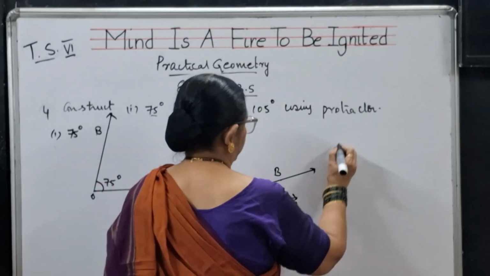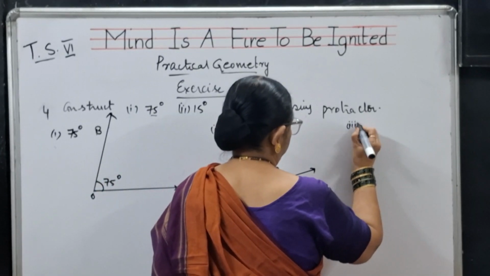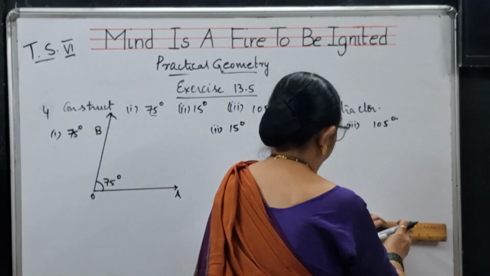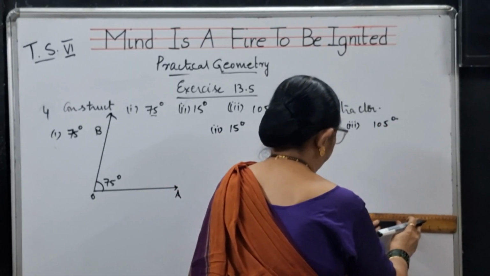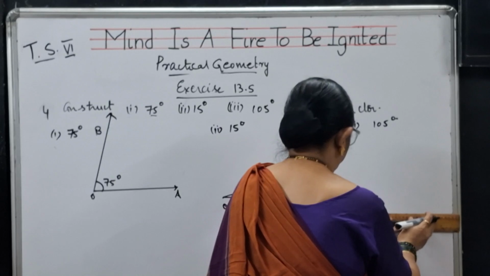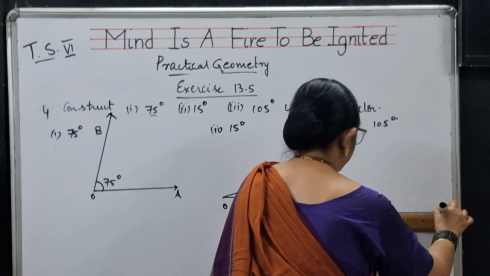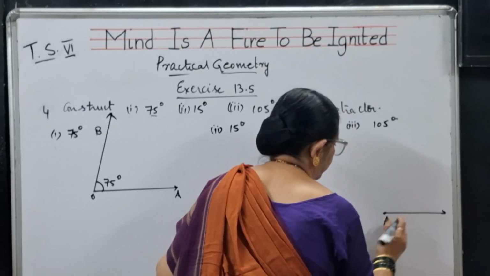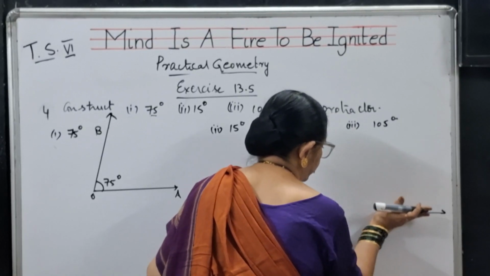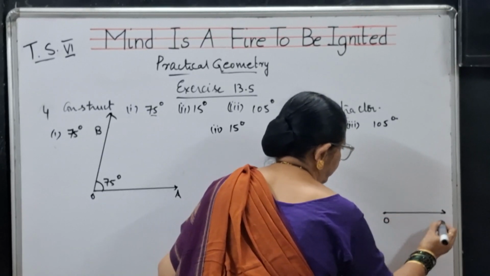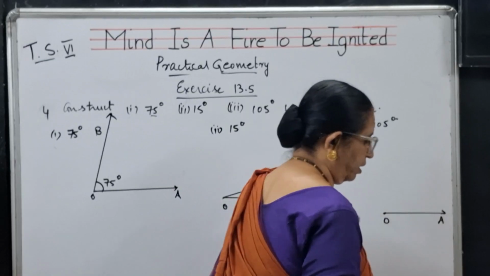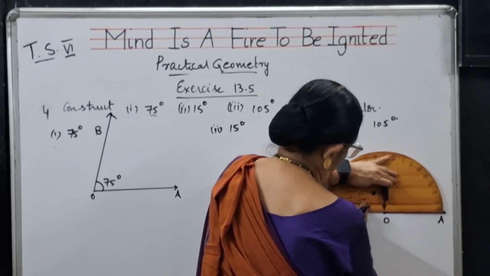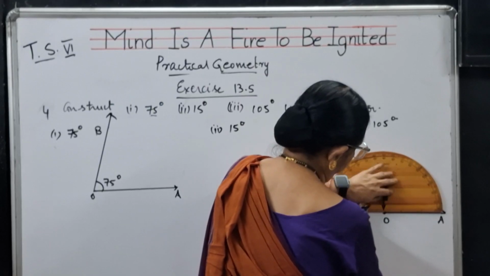Now third one, 105 degrees. So let me take OA like this. This point is O, this is A, 105 degrees. So here O is the center.